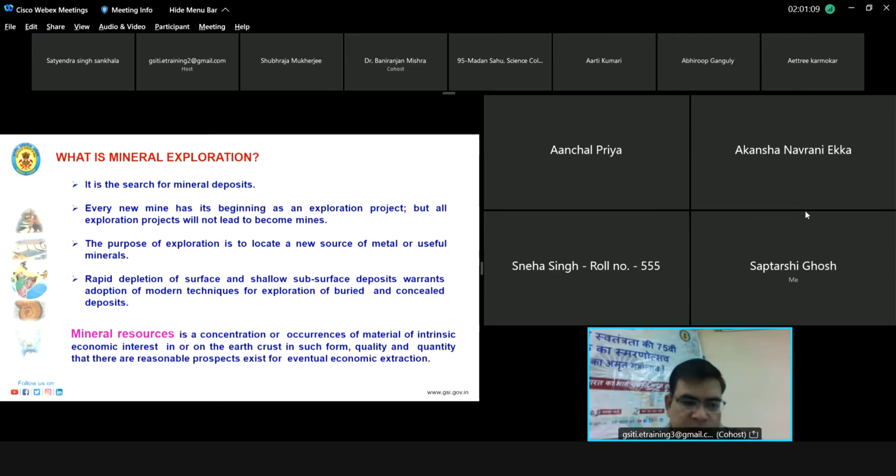Then we squeeze our area to a particular domain where we can search for different minerals, and from the basic data, from the reconnaissance survey and preliminary data, we should know what value we are getting in that area. If it is prospective for future mineral exploration, then we go for it. So all the mines you are now seeing in the world, in India, in Odisha, in every part of India, start from an exploration project.